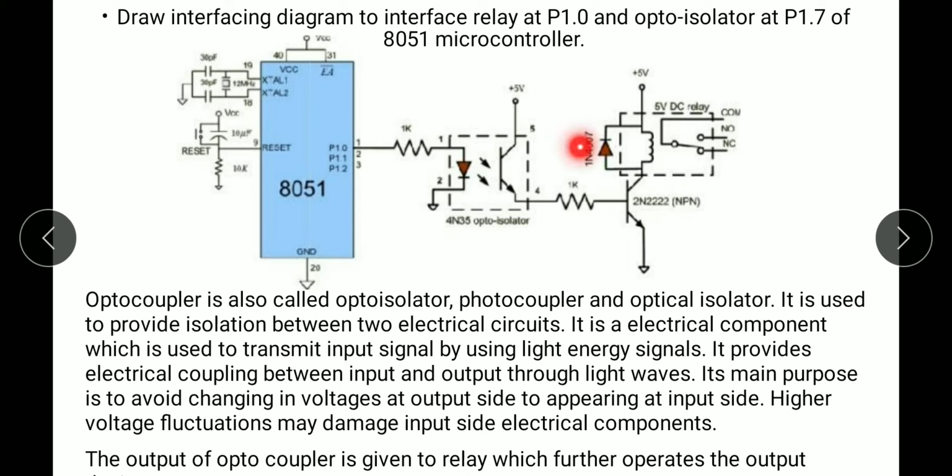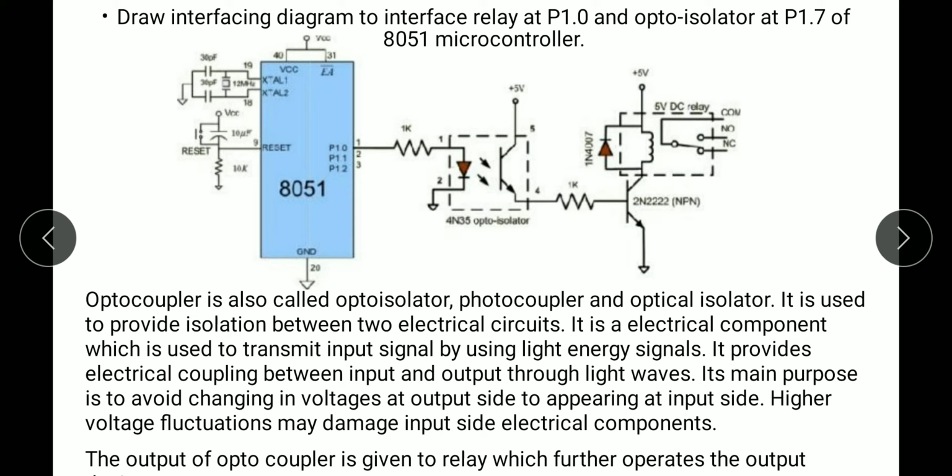After that, here also a 1K resistor is connected, and it is given to the transistor. When the transistor is on, the 1N4007 is used. After that, 5 volt VCC is given, and here the relay is connected. Like that, we can draw the interfacing diagram for port 1.0 relay and port 1.7 opto isolator.